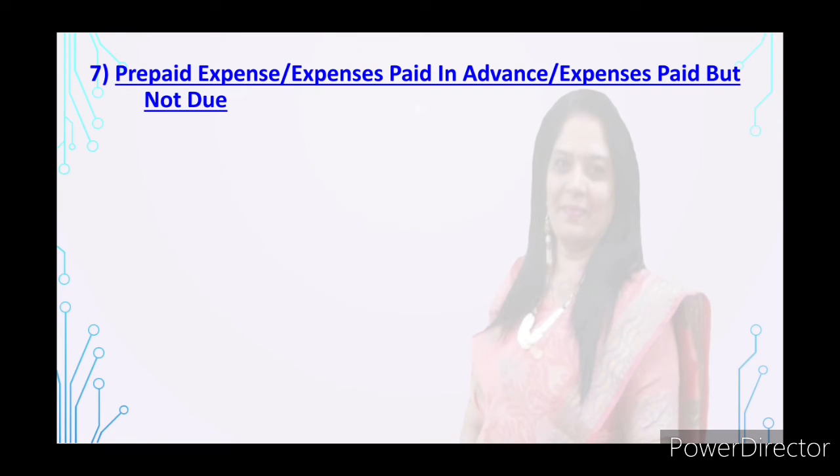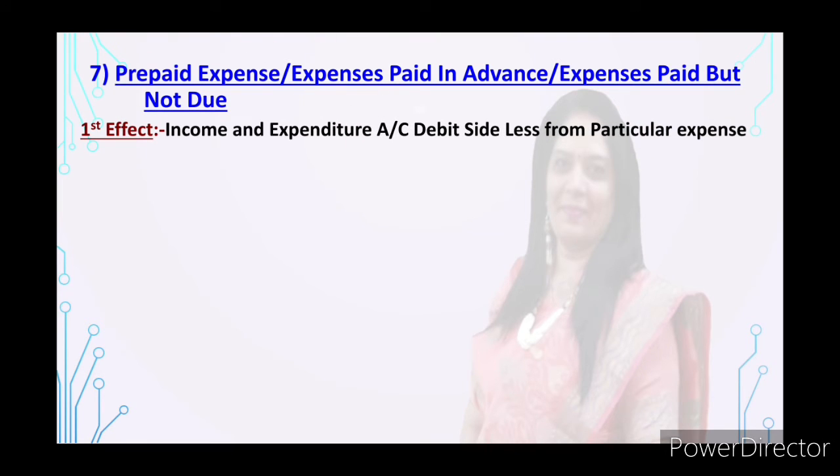Next adjustment is prepaid expense: expenses paid in advance, expenses paid but not due. The first effect, income and expenditure account debit side: because prepaid expense is there, it will be deducted from that particular expense. And the second effect will be in balance sheet asset side.